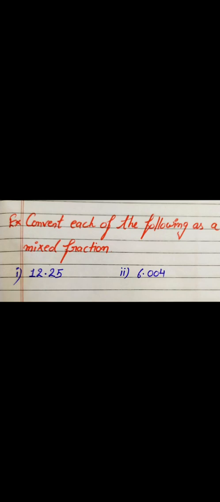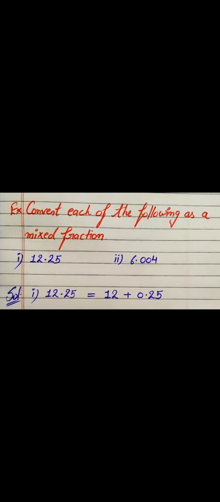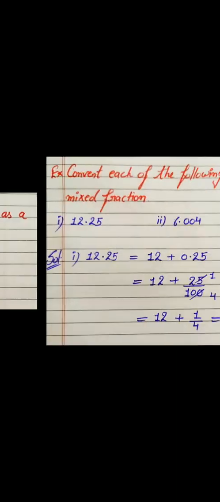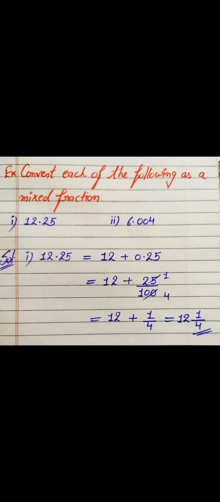So we will split these parts. 12.25 has the whole number part 12 and the decimal part 0.25, and we will simplify only the decimal part. The rule is the same. First we write 25 upon 1, and as there are two decimal places, we write two zeros. As we know, 25 and 100 are both divisible by 25: 25 ones are 25 and 25 fours are 100.